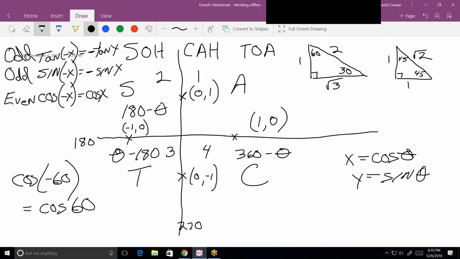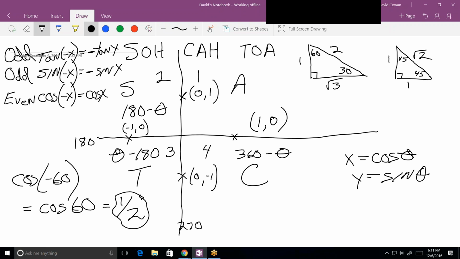That would be √3/2. No. Cosine is adjacent over hypotenuse of 60. 1/2. So 1/2, right? And there's my answer. I don't even have to figure out which quadrant it's in. In other words, I get it immediately by the odd and even property of these three trig functions.